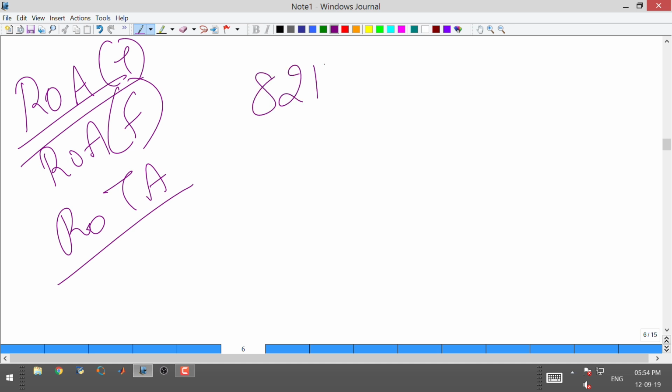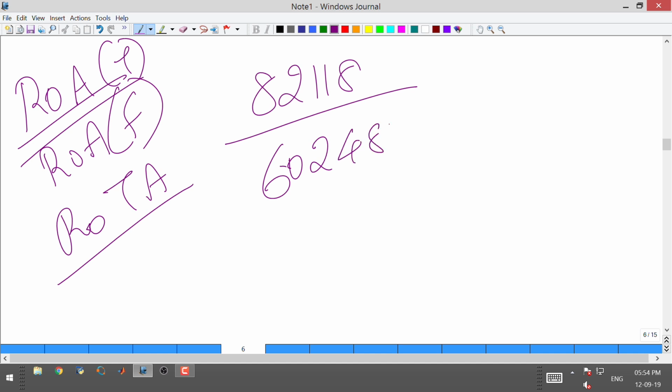All that I have is my return, and the total asset in the company is 684,484. Dividing, my return on assets is about 13.62%.